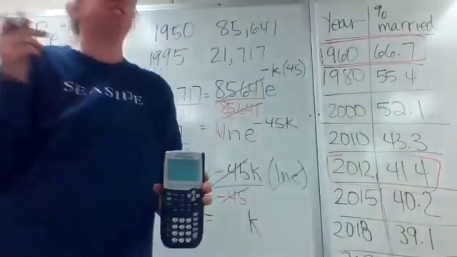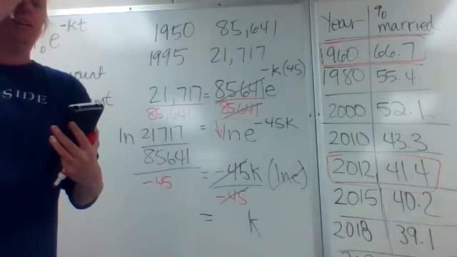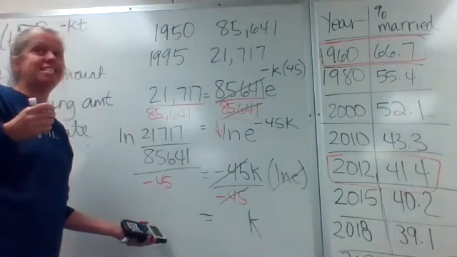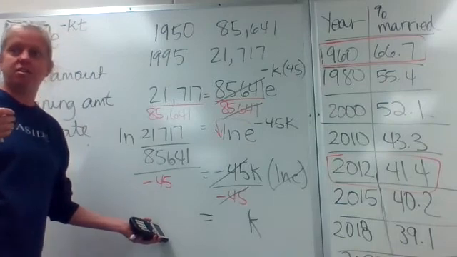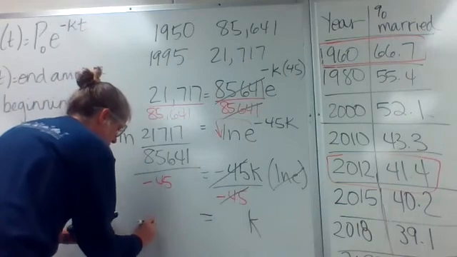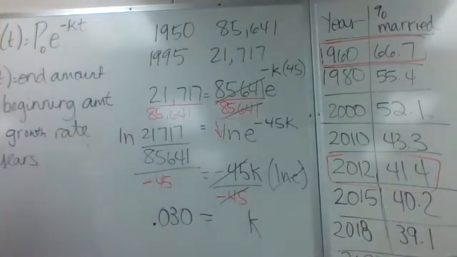Now, here's the difference between the multiple choice and what I'm getting. What I'm getting is positive, and they're saying their K is negative, and that's because it's going to be going down at this rate, right? So the K that you're going to be putting into the formula is going to be the negative of this.